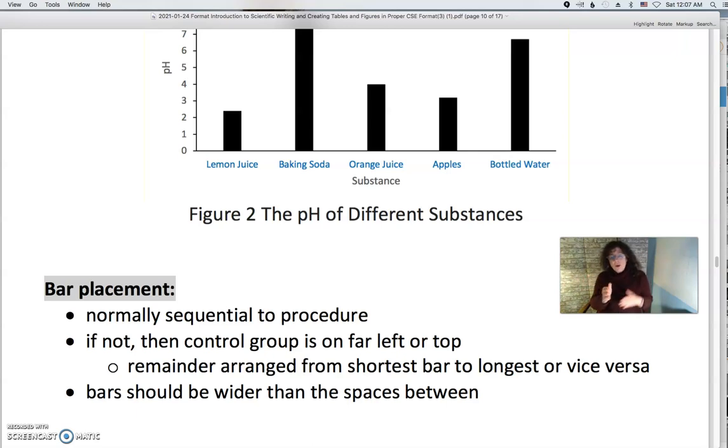You generally go from the shortest bar to the tallest bar. Or if it makes sense, you can go from the tallest bar to the shortest bar. You want some kind of a sequence to this, either a procedural sequence, shortest to tallest, or tallest to shortest. You don't want it all over the place unless that is part of your procedure that is very well spelled out in a bar chart.